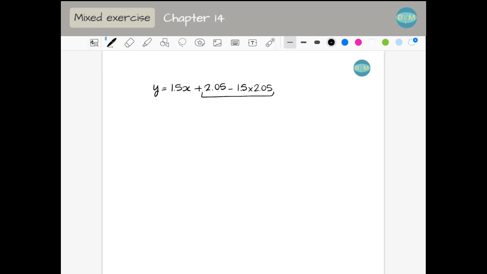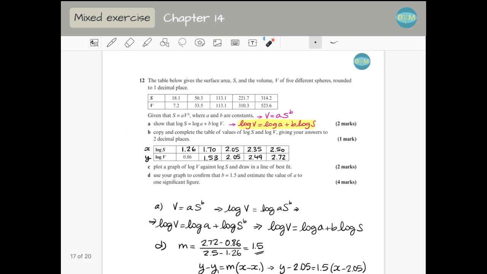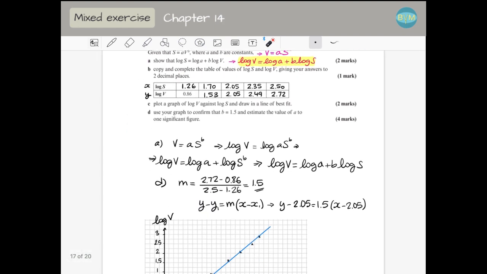And this is going to be log A, because this is not really y, this is log V, and this is not really x, it is log S. This is the line that we have represented.